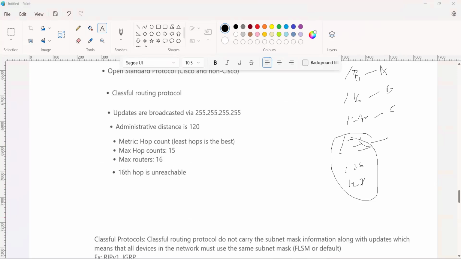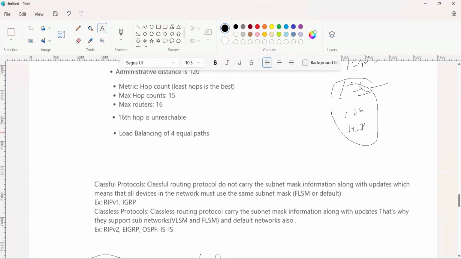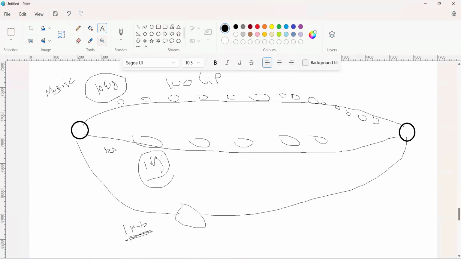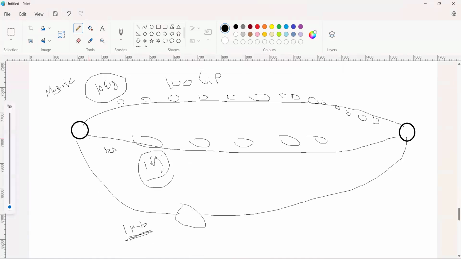And here it will load balance the information up to 4 equal cost paths. Meaning first path, second path, third path, and if we have another path likewise.